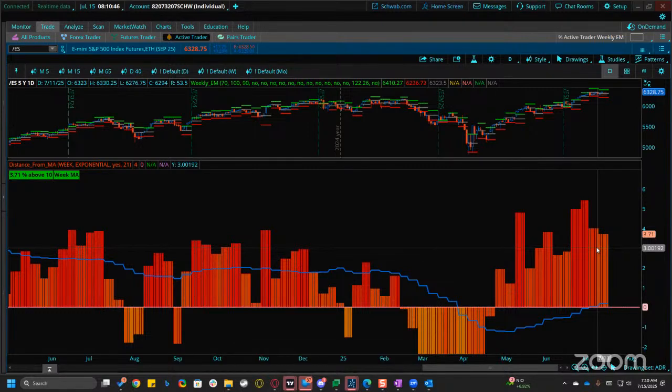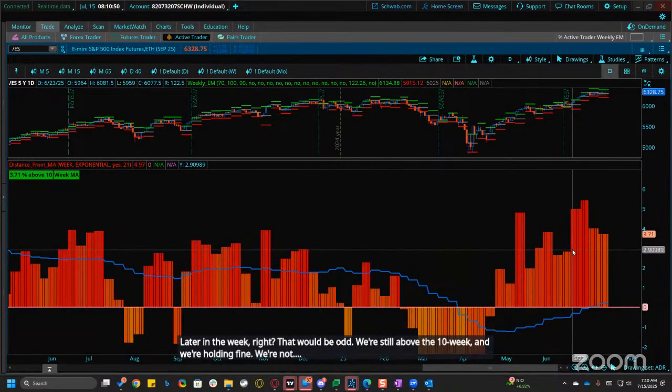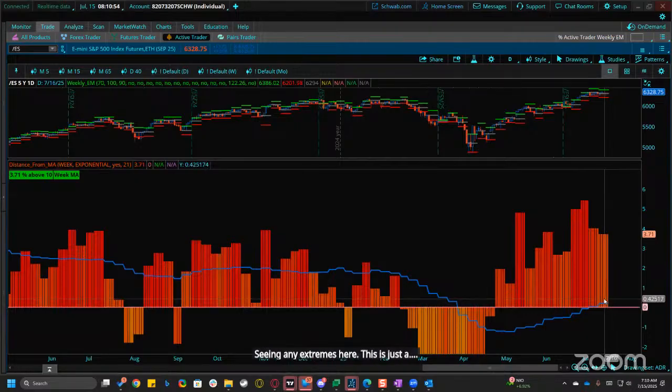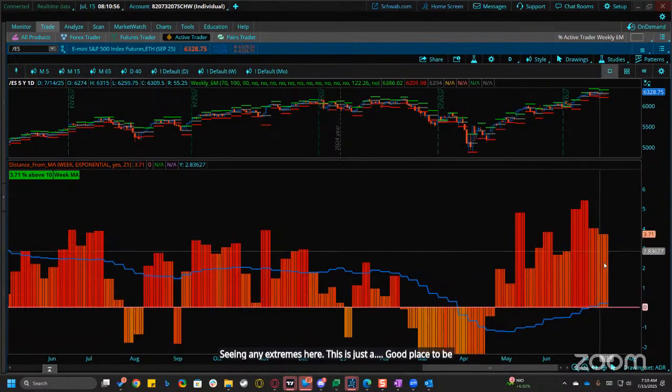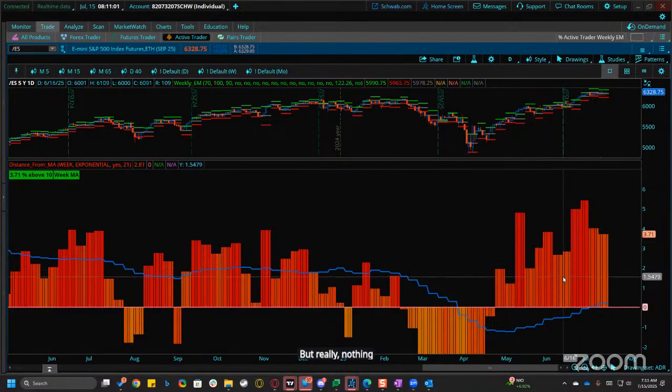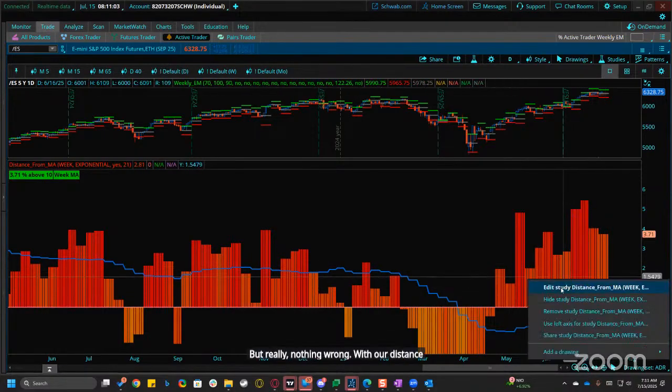We're still above the 10-week, and we're holding fine. We're not seeing any extremes here. This is just a good place to be. I'd like to see it get a little closer to 3%, but really nothing wrong with our distance from the 10-week.